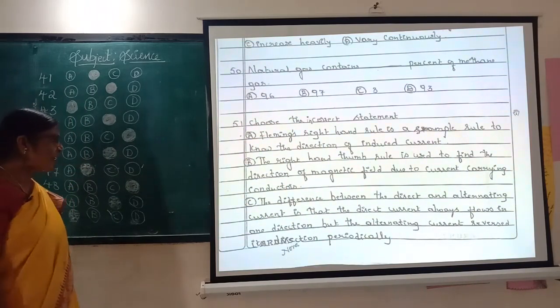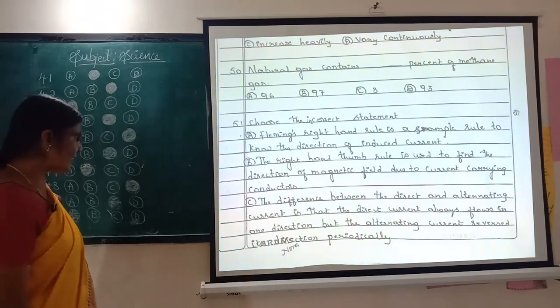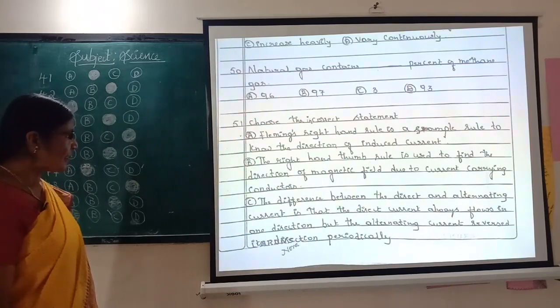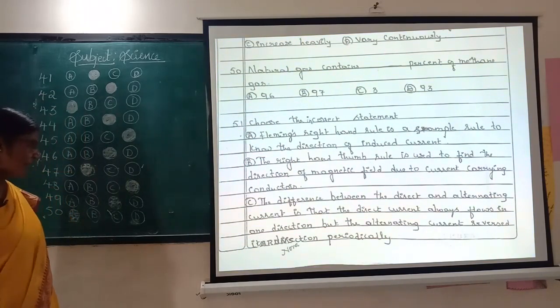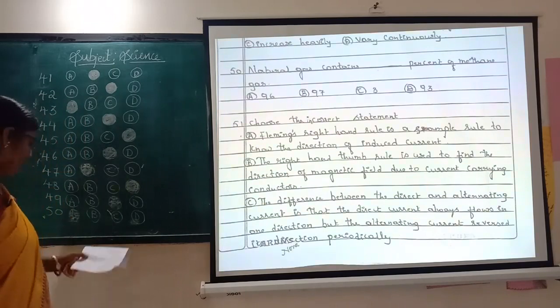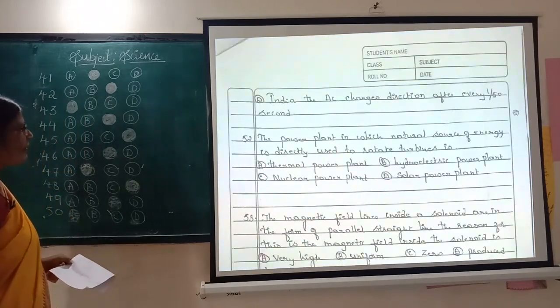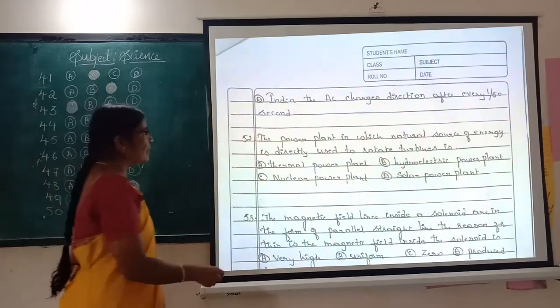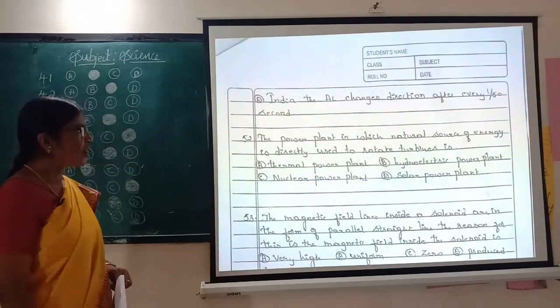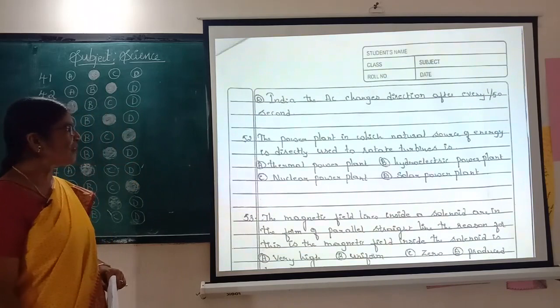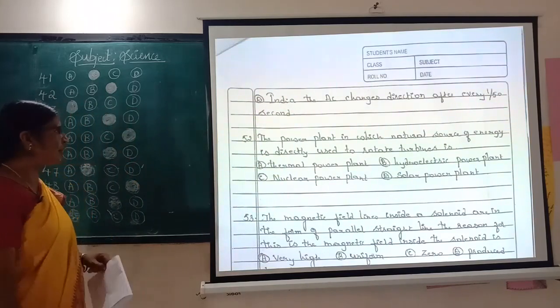Option C: The difference between direct and alternating current is that the direct current always flows in one direction, but the alternating current reverses direction periodically. Option D: In AC, the current changes direction after every 1/50th second.